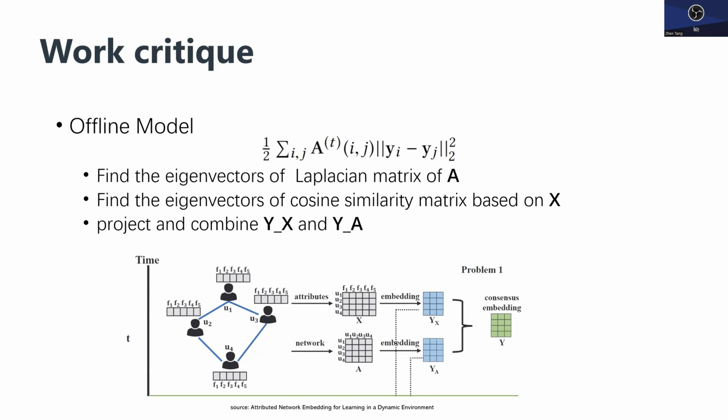According to spectral theory, by mapping each node in the network to a k-dimensional embedded space, the noise in the network can be substantially reduced, and a rational choice of the embedding is to minimize this loss, where yi and yj represent the corresponding embedded vectors for node i and node j, and aij represents whether there is an edge between node i and node j.